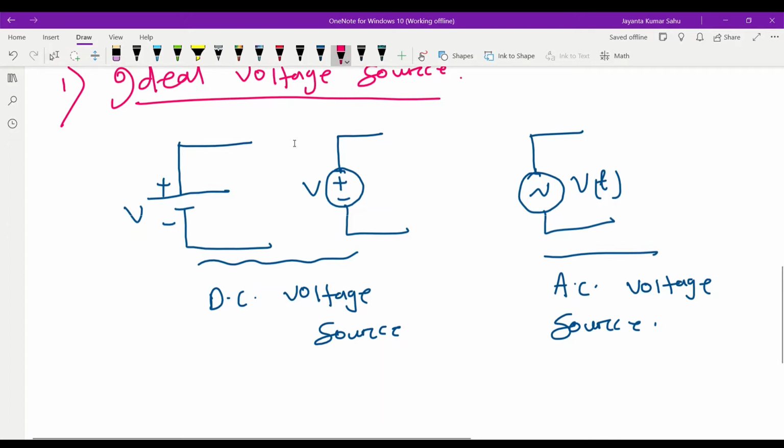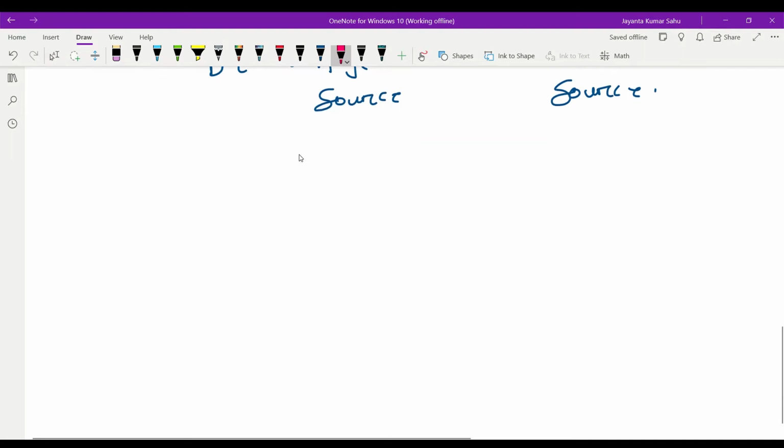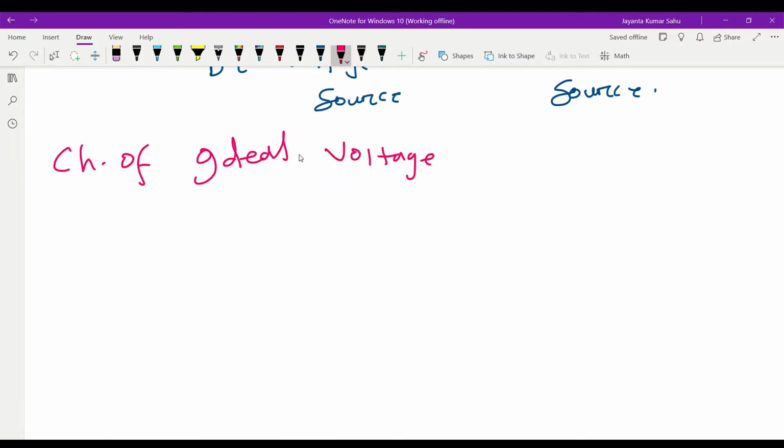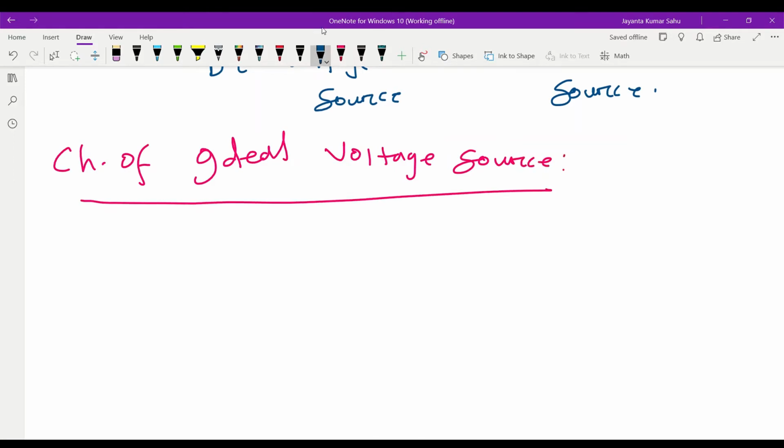Now we discuss the characteristics of the ideal voltage source. This is the symbol of the ideal voltage source, that is a battery. Let this be Vs, with current I and the output terminal.